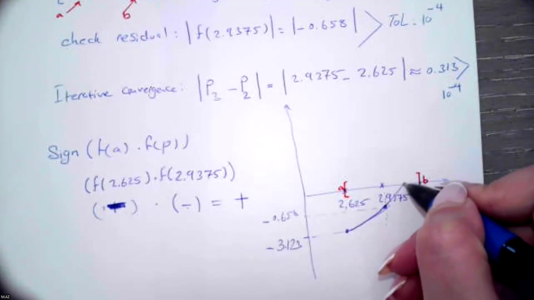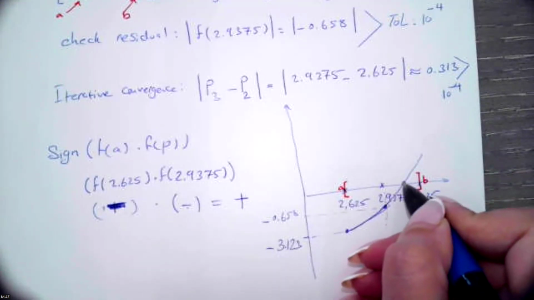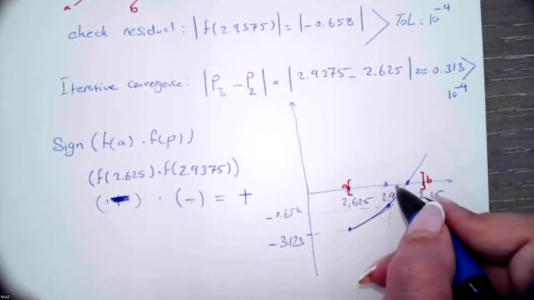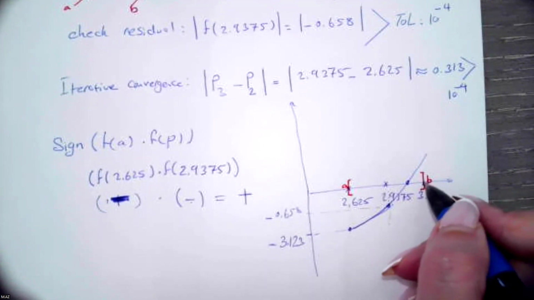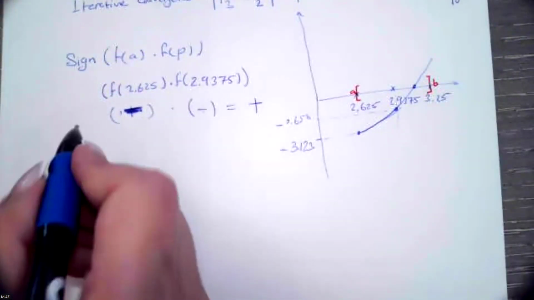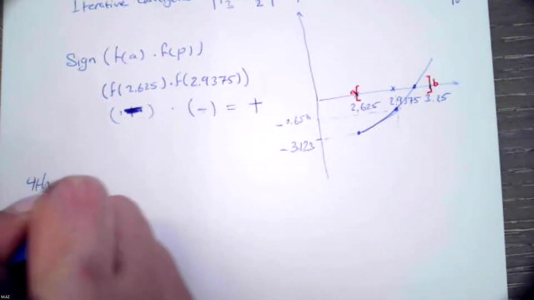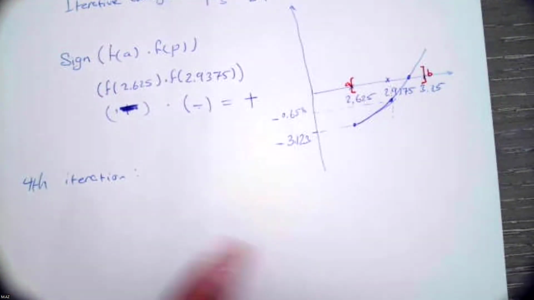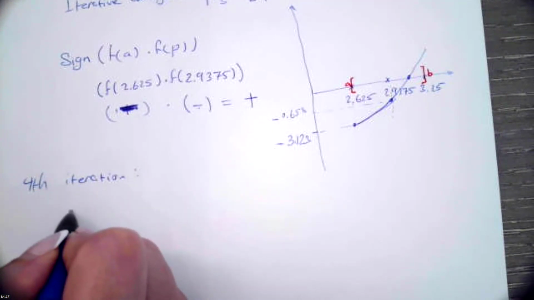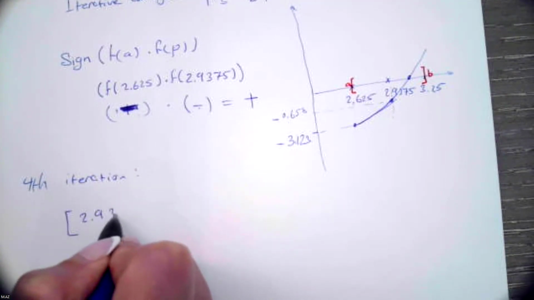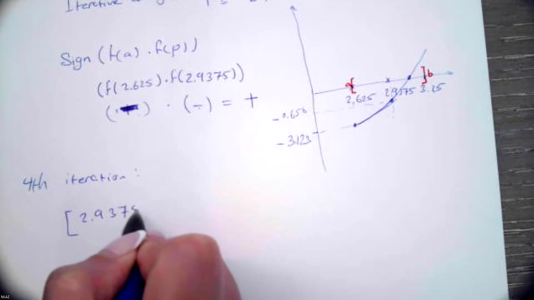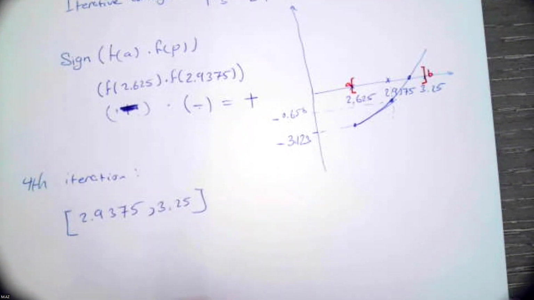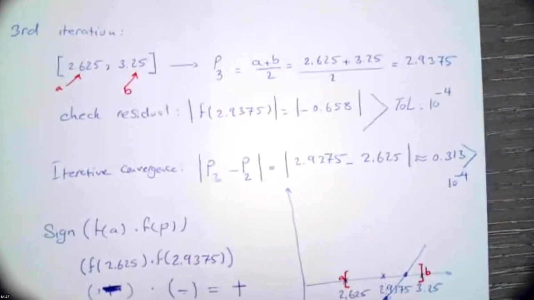But if we continue, it will intersect the x-axis between P3 and B. For this reason, for the fourth iteration, the new interval will be 2.99375 and 3.25. And then we repeat all of these steps.